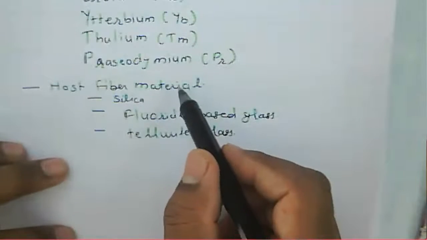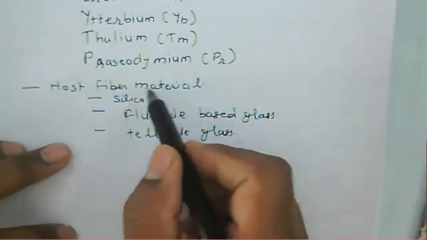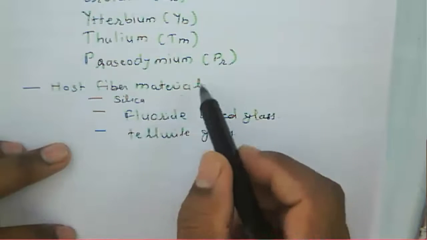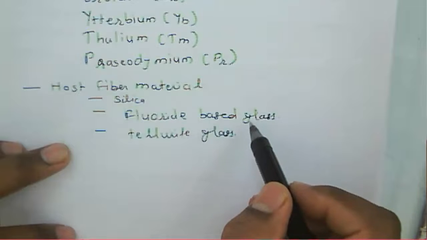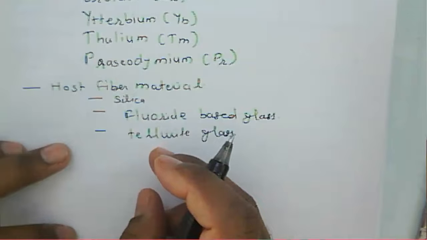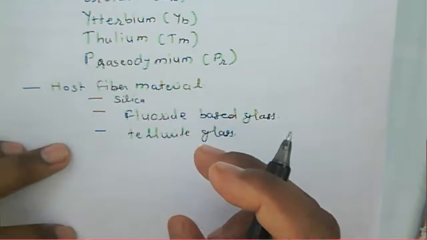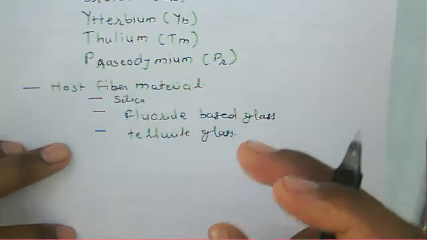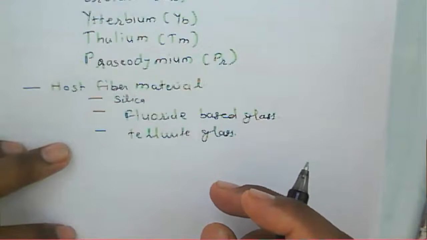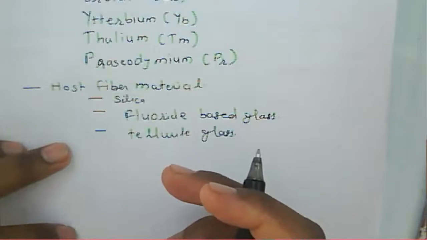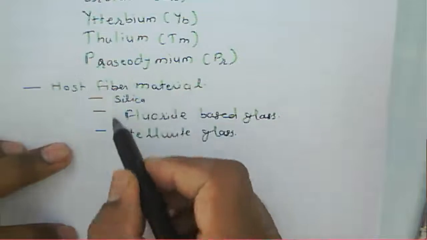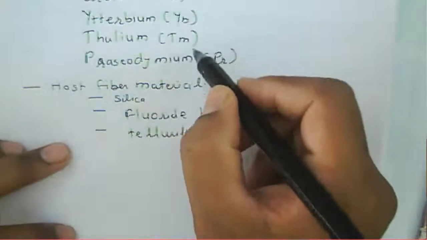For the amplification, a host fiber material can be silica, a fluoride based glass, or a telluride glass. Now this optical amplifier will work in an operating region that depends upon the host material and the doping element.